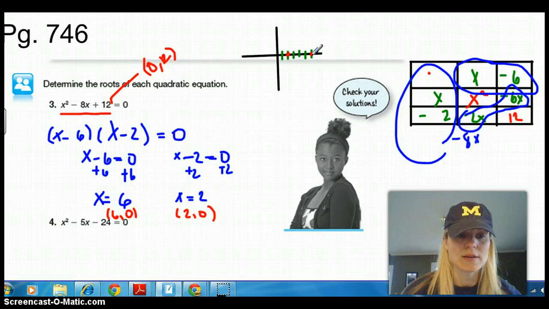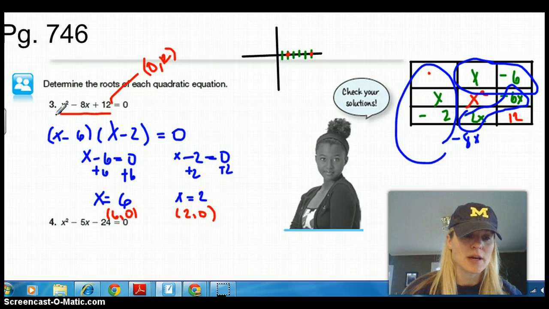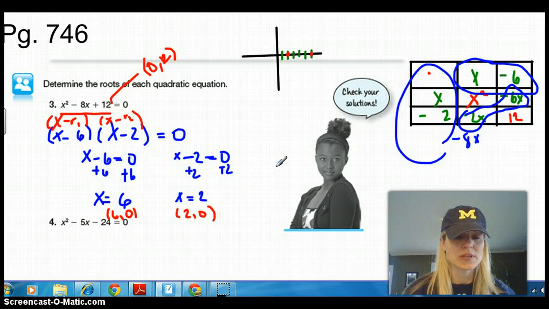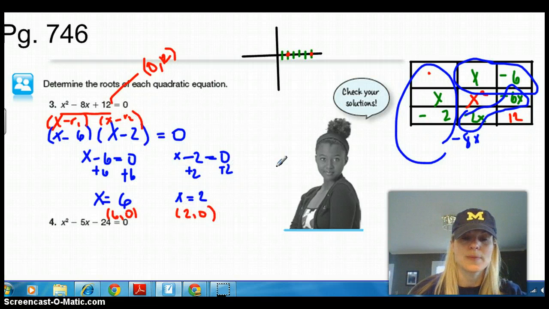And so my quadratic equation is going to go through those 2 points. Now remember, when we did the roots equation, it was x minus r1 in parentheses, and then x minus r2. And you can see that 6 is in the r1 place and 2 is in the r2 place. 6 and 2, or you can set them equal to 0 and solve for that way also.